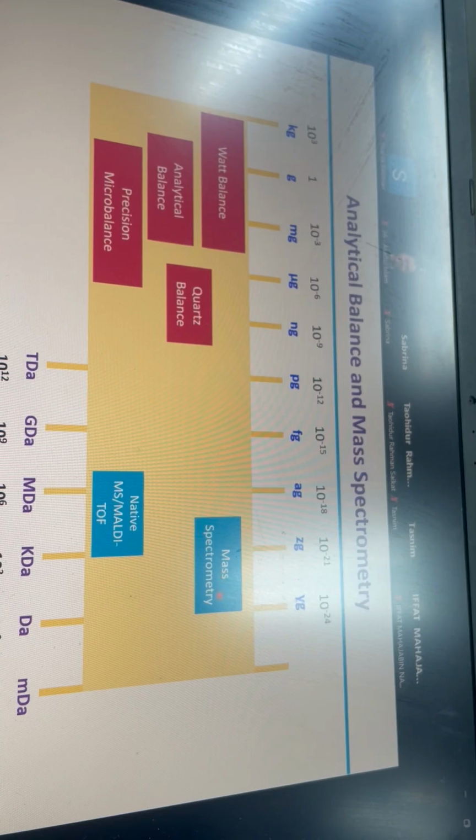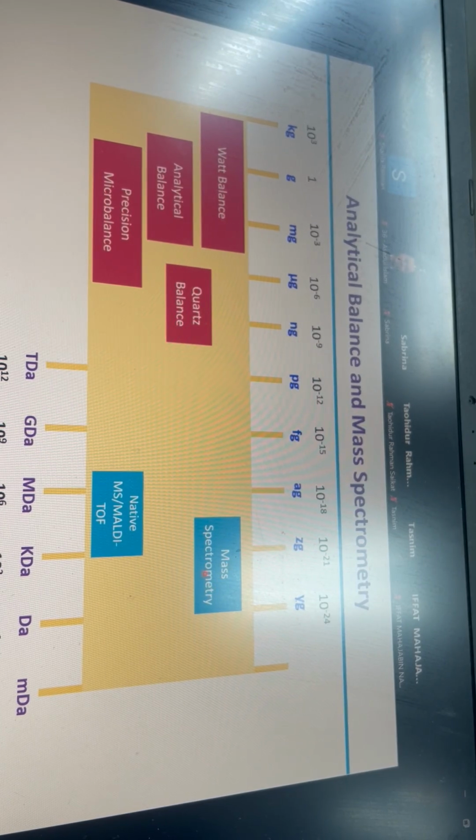A traditional mass spectrometer can measure from Dalton to kilodalton, and then we have native mass spectrometry or multi matrix-assisted laser desorption time of flight mass spectrometry that can measure up to a couple of megadalton.